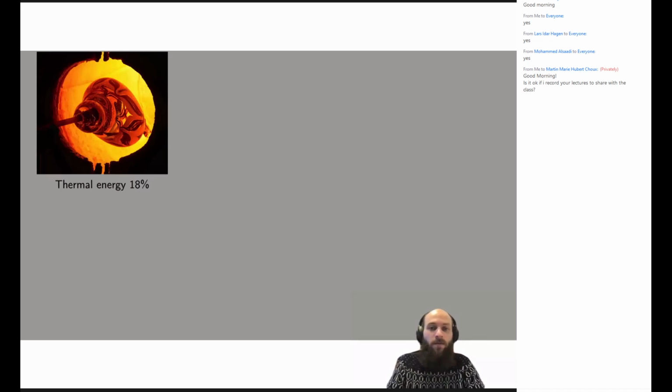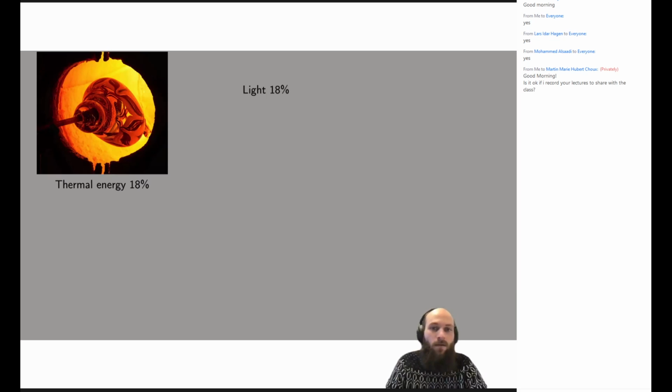And then the third part in power engineering is utilization of electricity. So different ways to use electricity. One is using thermal energy. It's like industrial oven or heating systems for buildings.